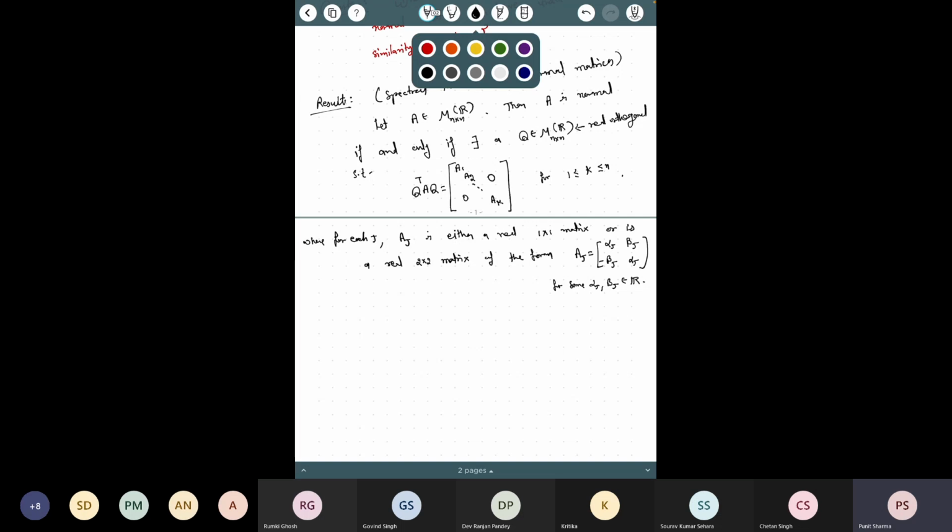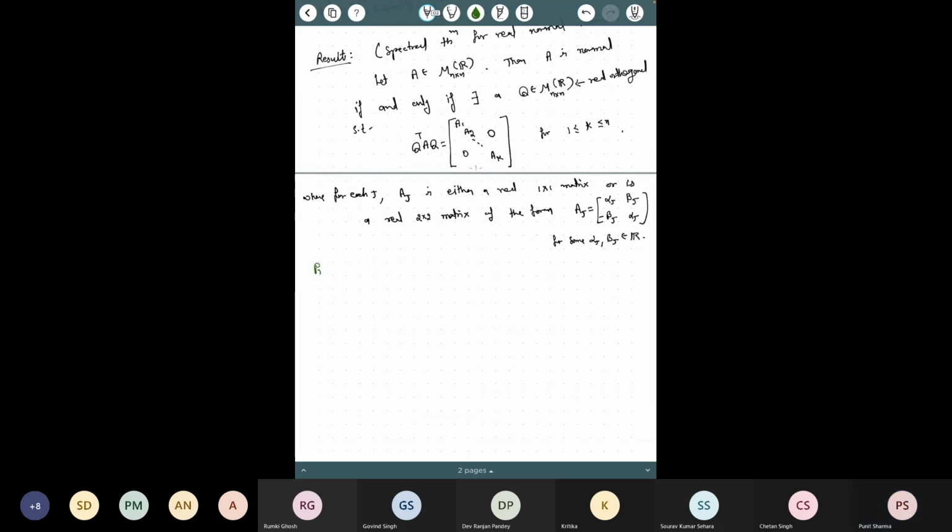So I'll just give you an idea how to prove this, and then you can explore or complete the proof. It is if and only if, so you have to prove both ways. One way is very straightforward. You can easily verify the only if direction.